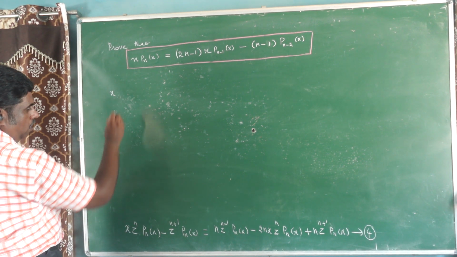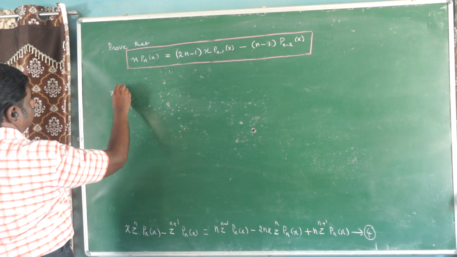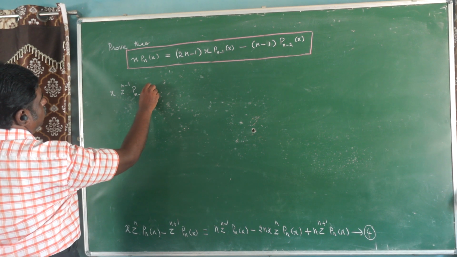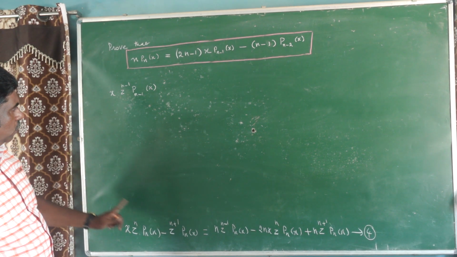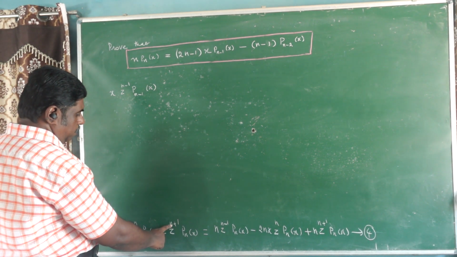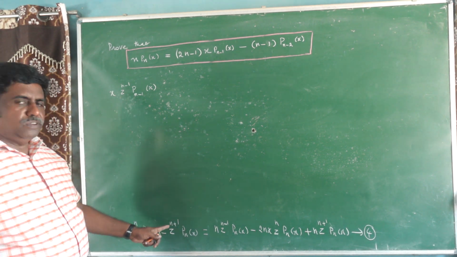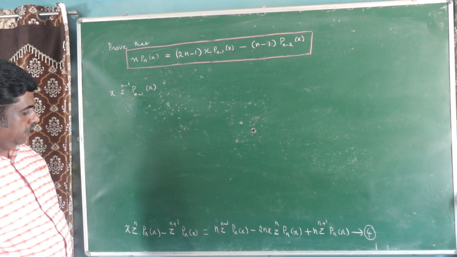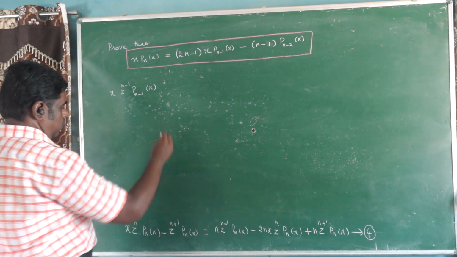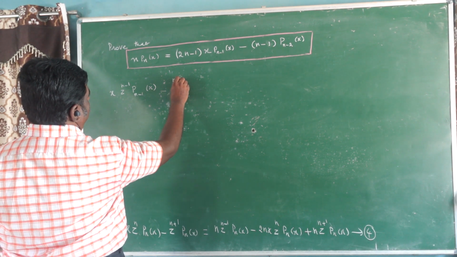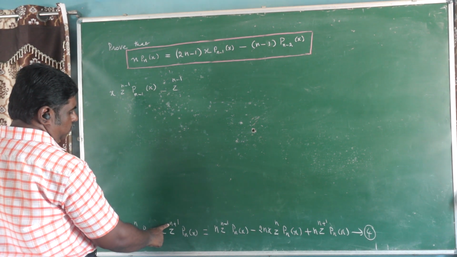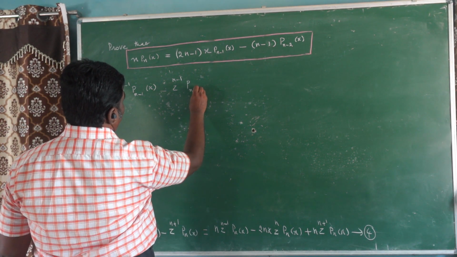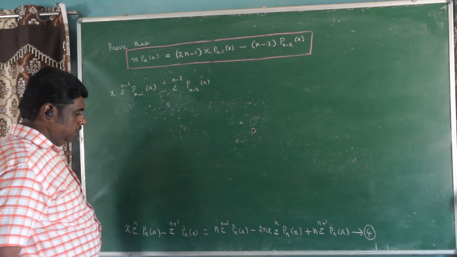So the first term of equation 4 takes the form x into z power n minus 1, then P n minus 1 of x. Here z power n plus 1 is present, we have to express in terms of z power n minus 1, so this n should be replaced by n minus 2. If you replace n by n minus 2, n minus 2 plus 1 gives n minus 1, P suffix n minus 2 of x.